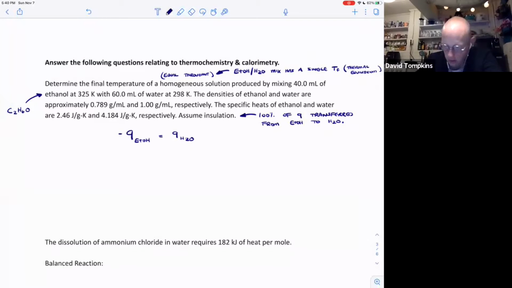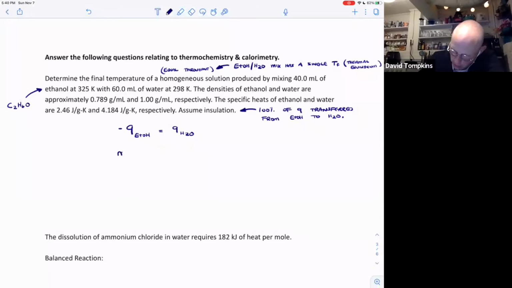So if we're going to calculate Q, this comes, of course, in the form of joules, and we're given the temperatures initially. We're also given the specific heats and the volumes. So we can say that the mass of ethanol times the specific heat of ethanol times the temperature change equals the mass of water times its specific heat times its temperature change.